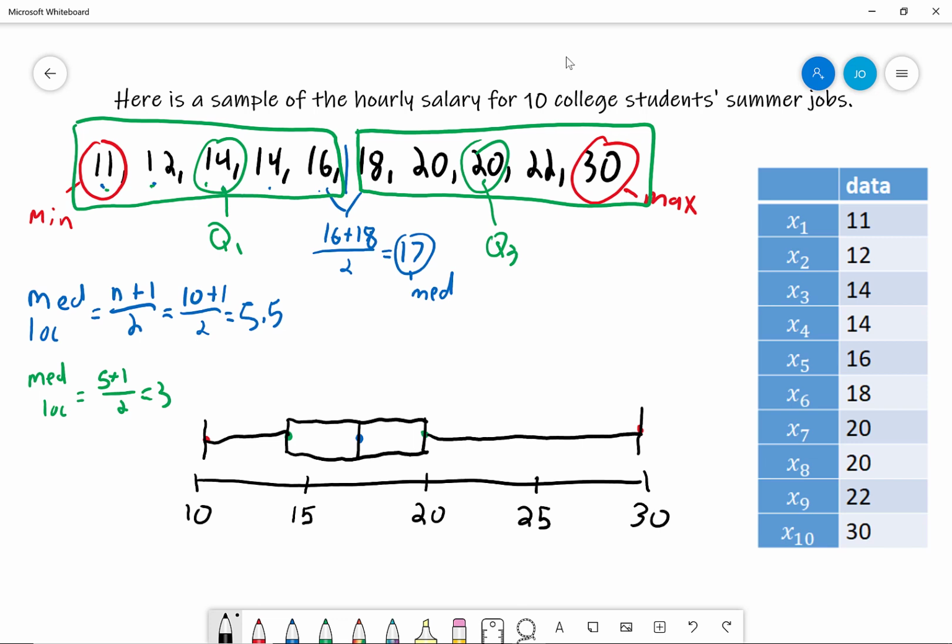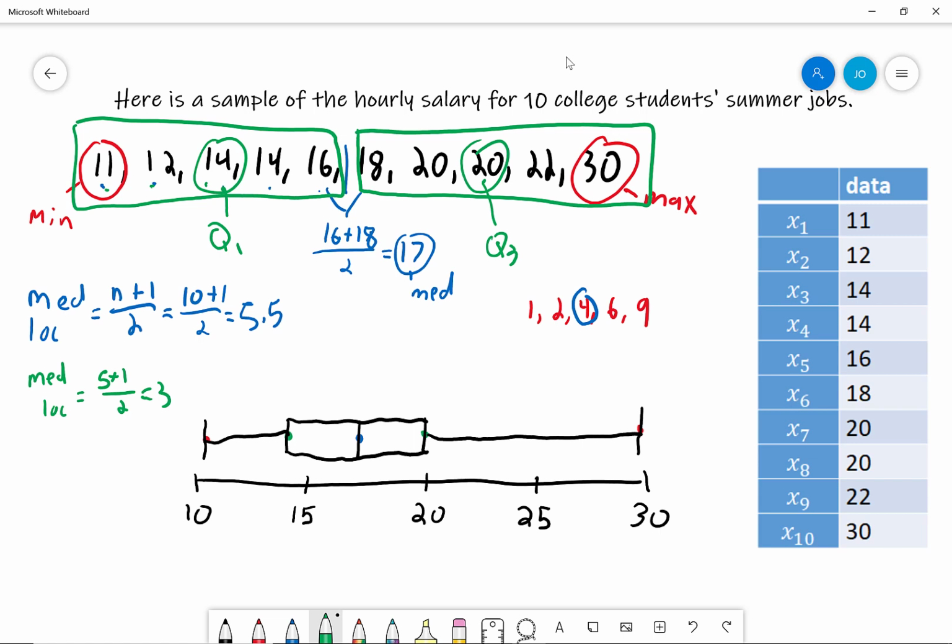Now, something that may have crept into your head was, what if I have a data set of, I don't know, 5 numbers? So I'll just write a random data set right here. If we were to look at our median, we can probably tell our median is smack dab in the center. If we were trying to find Q1 and Q3, the question is, do we use our median for both sides, for one of the sides, or neither?